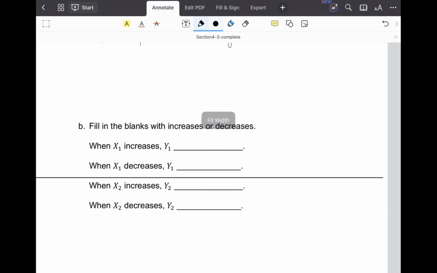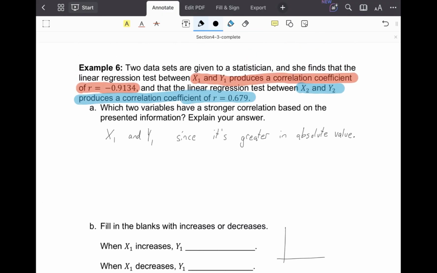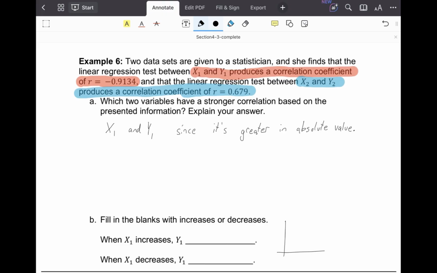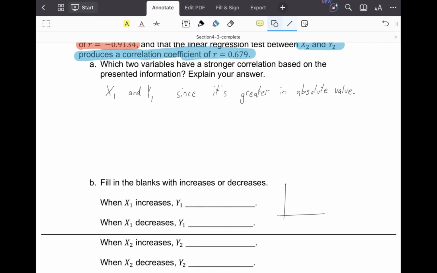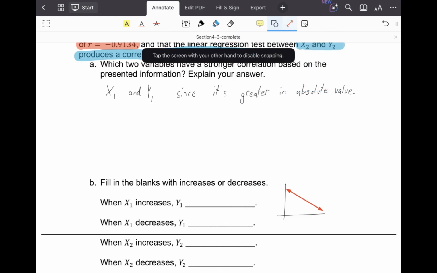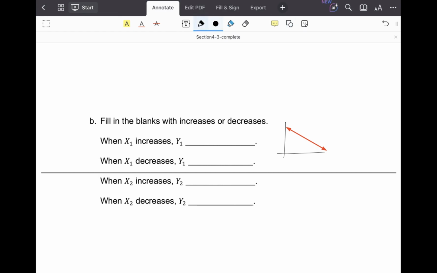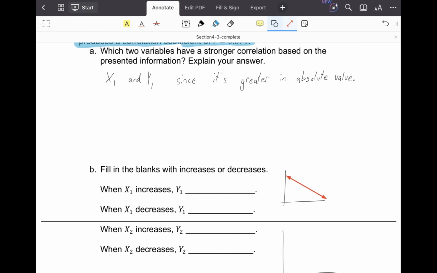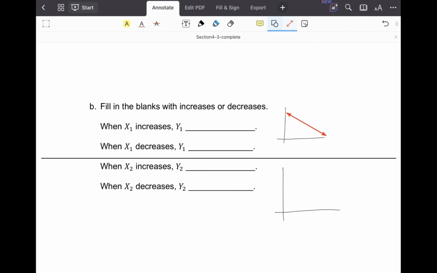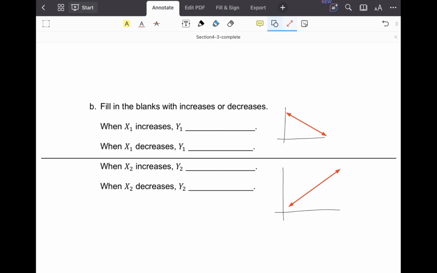The first two, x1, y1, it has a negative correlation, so the line itself would go down from left to right. And then for x2 and y2, it has a positive correlation of 67.9%. So positive correlation would be a line going up from left to right.